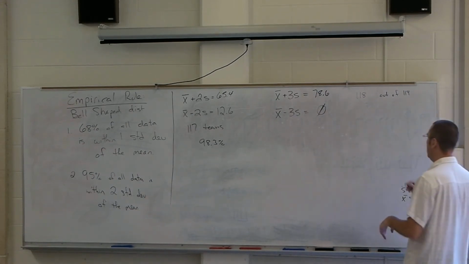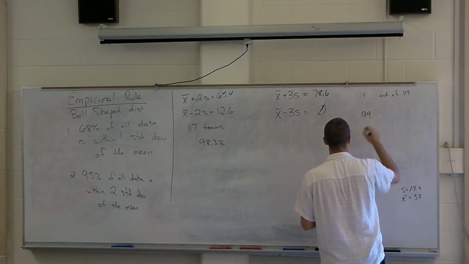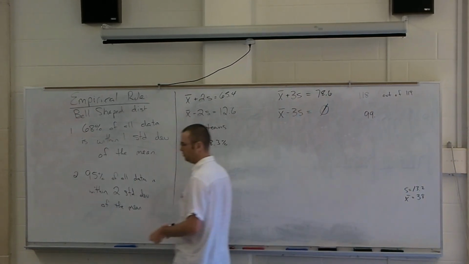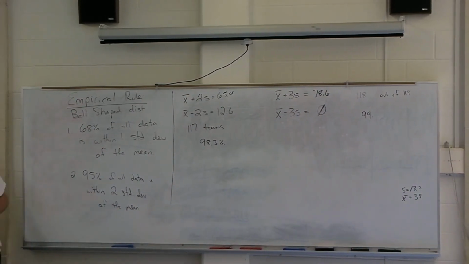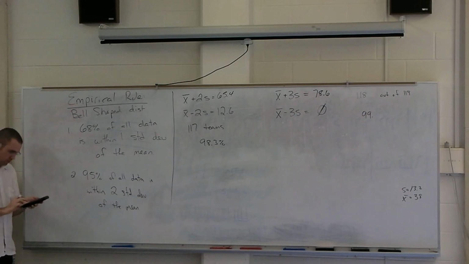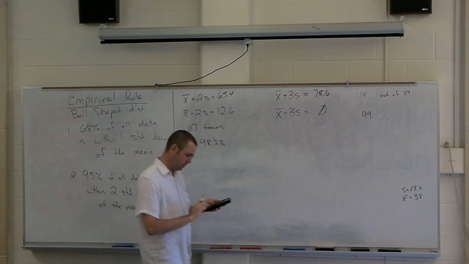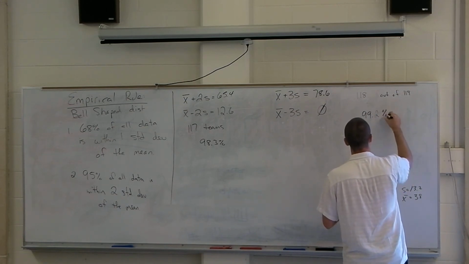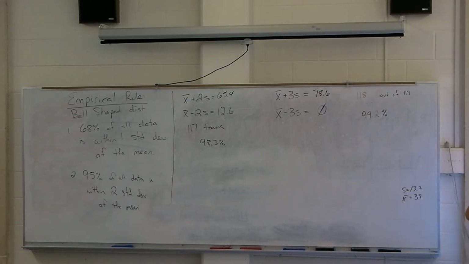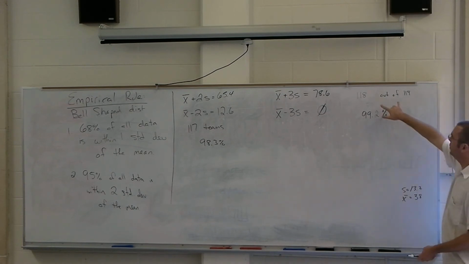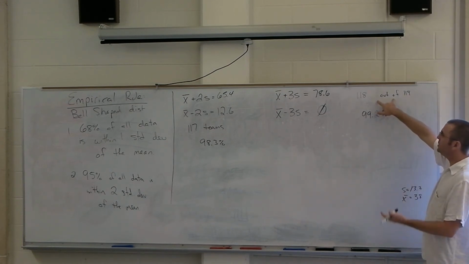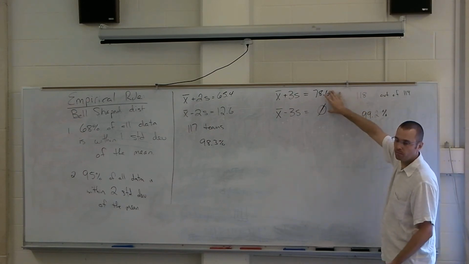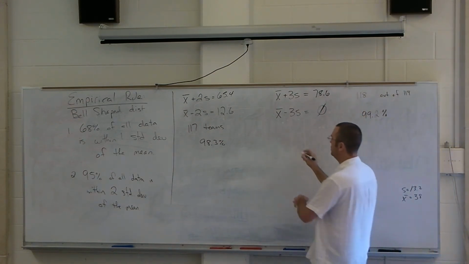As a percentage, that's 99.2. Basically, almost every single data value that we have falls within this range. That's what the third part of the rule says.